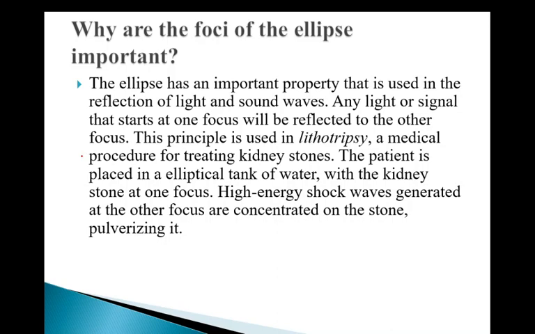It actually breaks up the solid stone so that they can pass it without having to do surgery. They put the device in one focal point, and they put the patient in the other. Since we're 70% water, the sound waves will pass through us without a problem, but those crystalline rocks formed in the kidney will actually break apart. Okay, it's actually really cool.